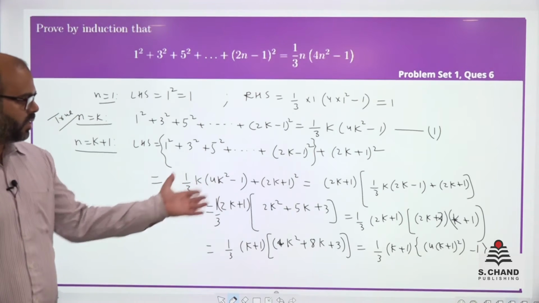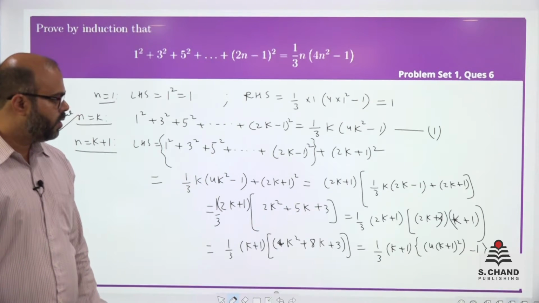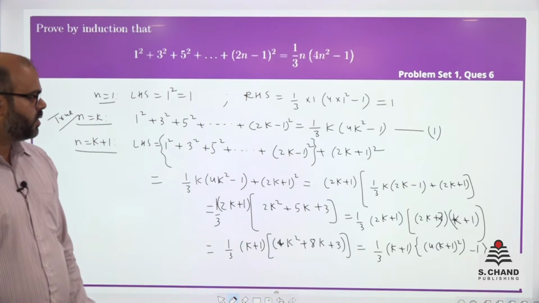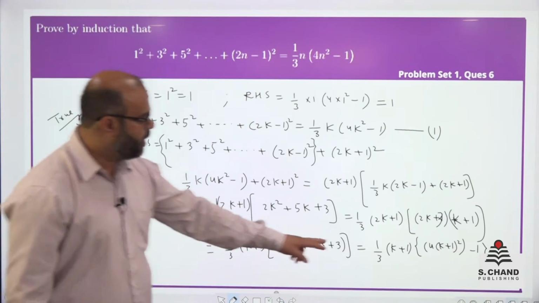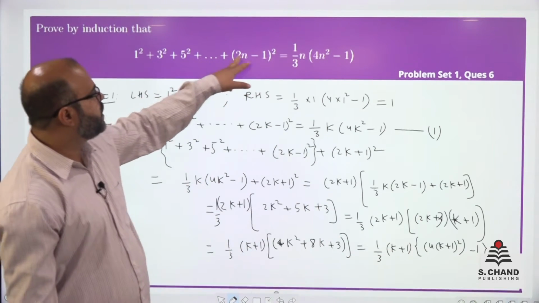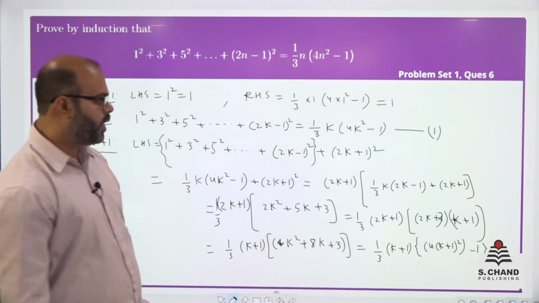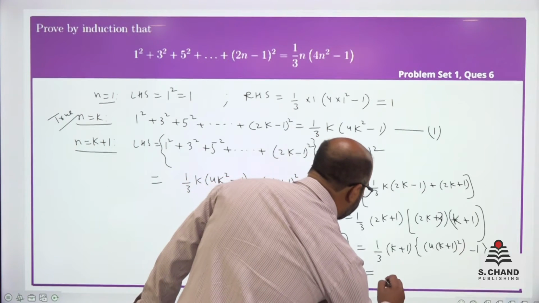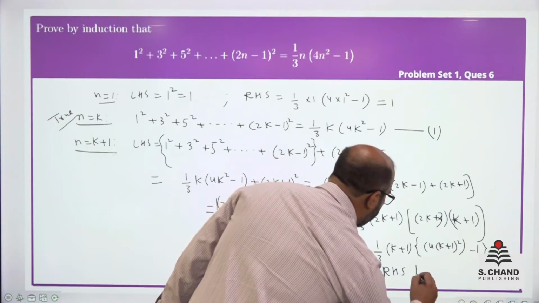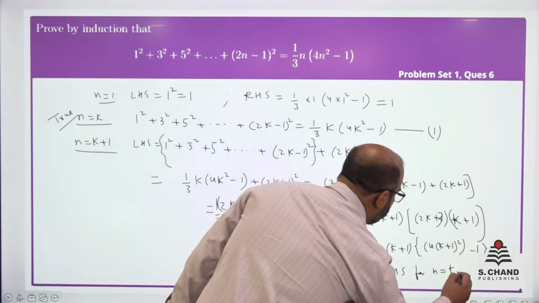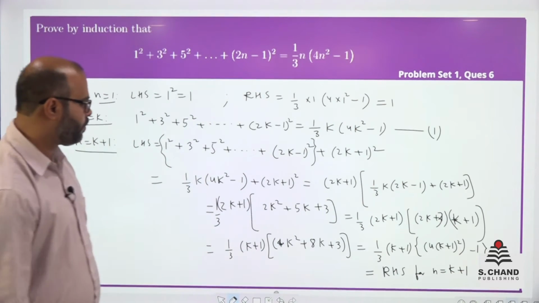You can simplify and cross check, 4k square plus 8k plus 4 minus 1 is 3. So this is nothing but the right hand side of this expression when n is equal to k plus 1. This is the RHS for n is equal to k plus 1.